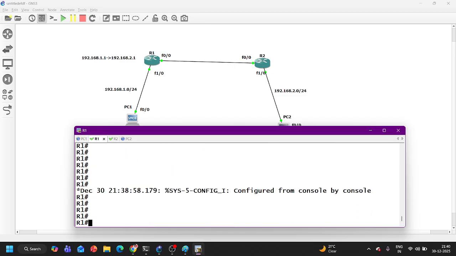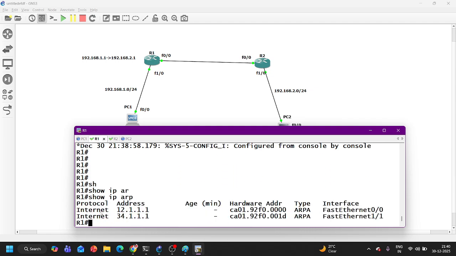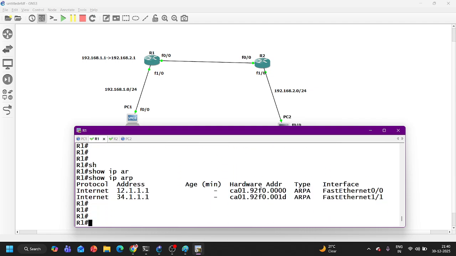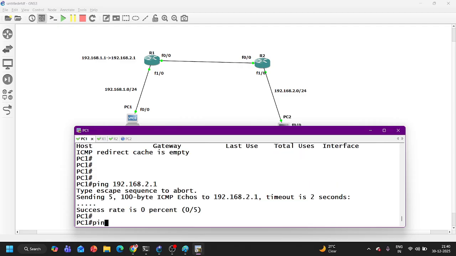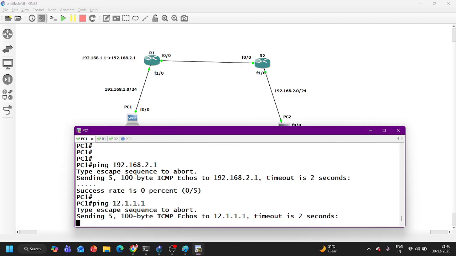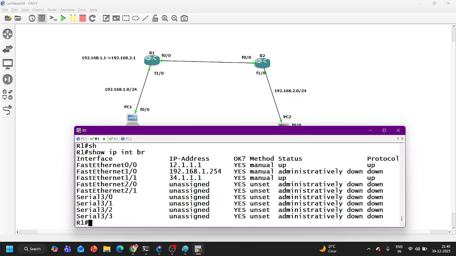On router number 1, how can you troubleshoot it? So IP ARP. How will you troubleshoot? PC1 is not able to ping. Let me ping 12.1 once. 12.1 should be reachable. Here is some issue. Let me check, guys. Wait. So show ip interface brief.